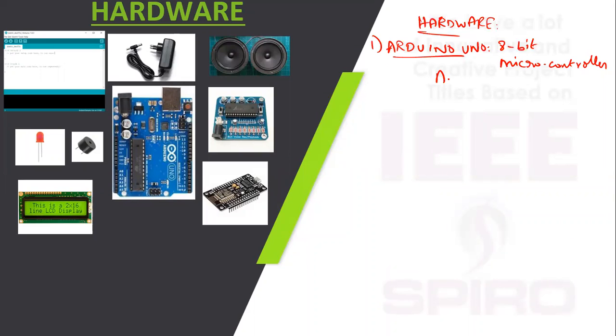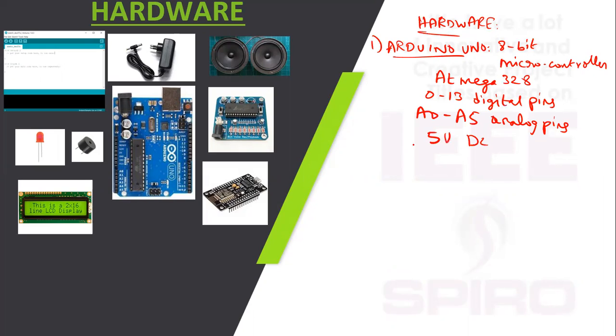Its IC name is Atmega328. It has 0 to 13 digital pins and A0 to A5 analog pins. Its operating voltage is 5 volt DC, and it has one serial communication port.